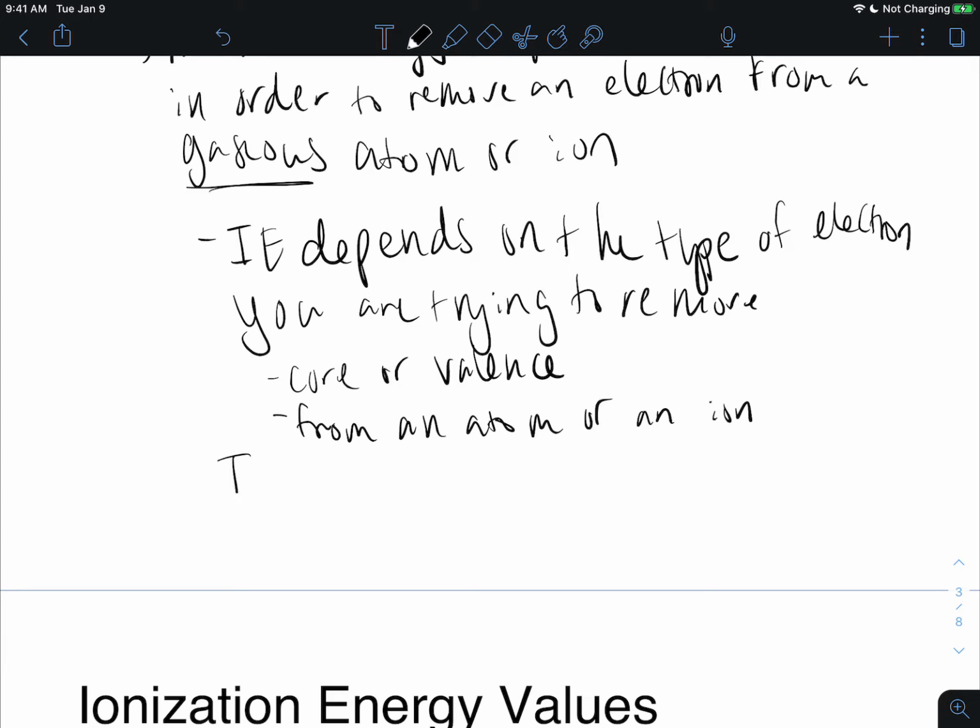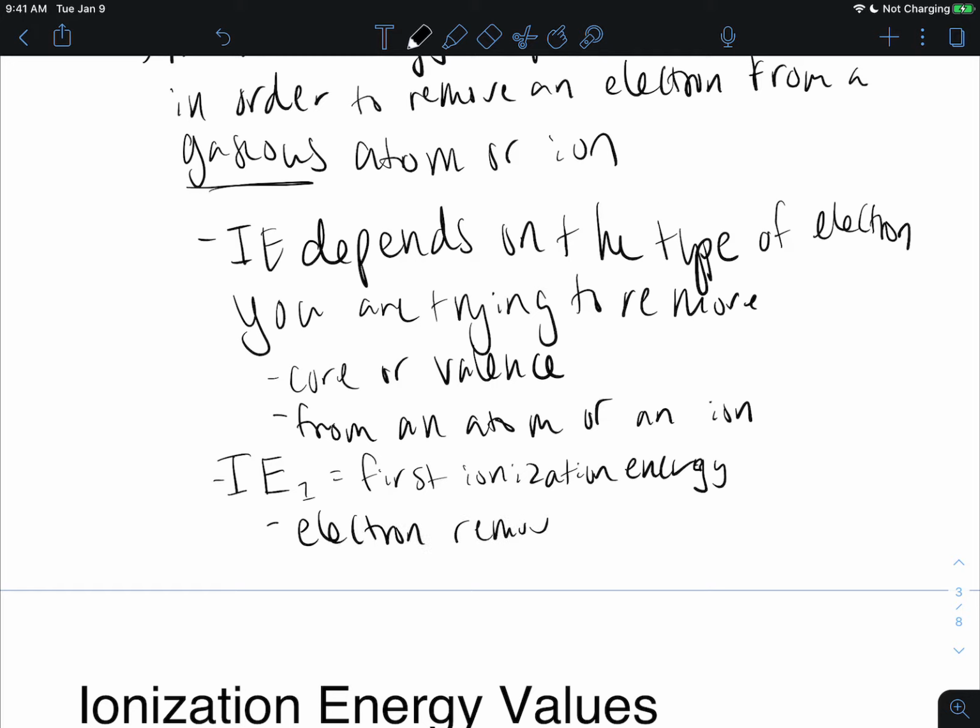Okay, we have our first ionization energy, IE1. And this is going to be that electron removed from an atom, so it's going to be from a neutral species.